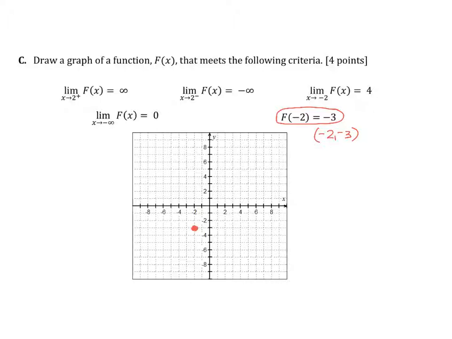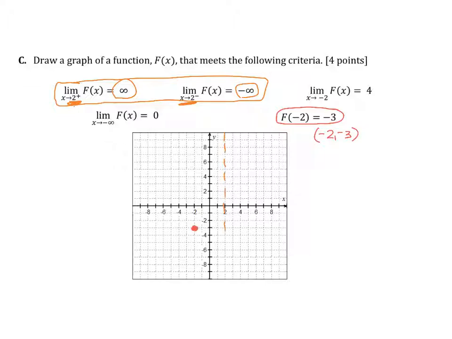The second thing I would go look for would be any kind of asymptotes, vertical or horizontal. A big hint that we have a vertical asymptote is going to be right here, because as x approaches 2 from the right and 2 from the left, look at what those y values are tending to. So that's telling me that here at 2, I should have a vertical asymptote.